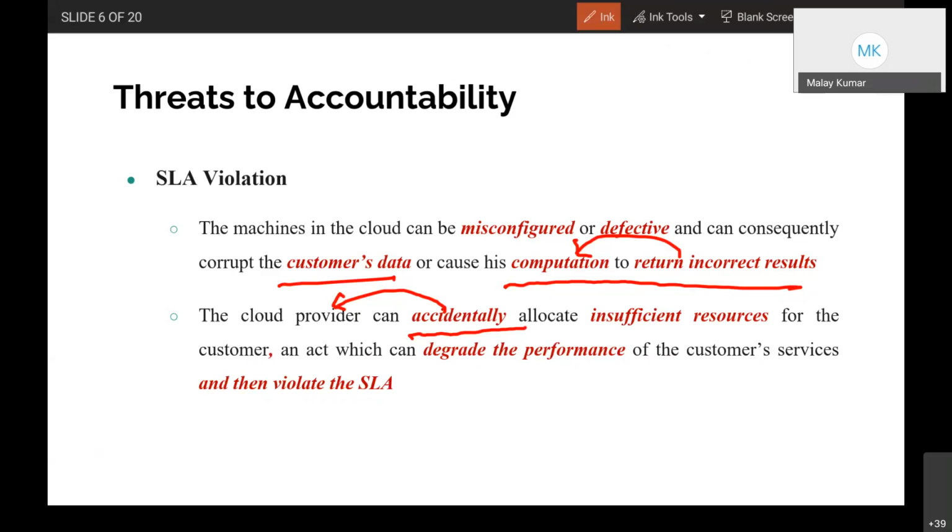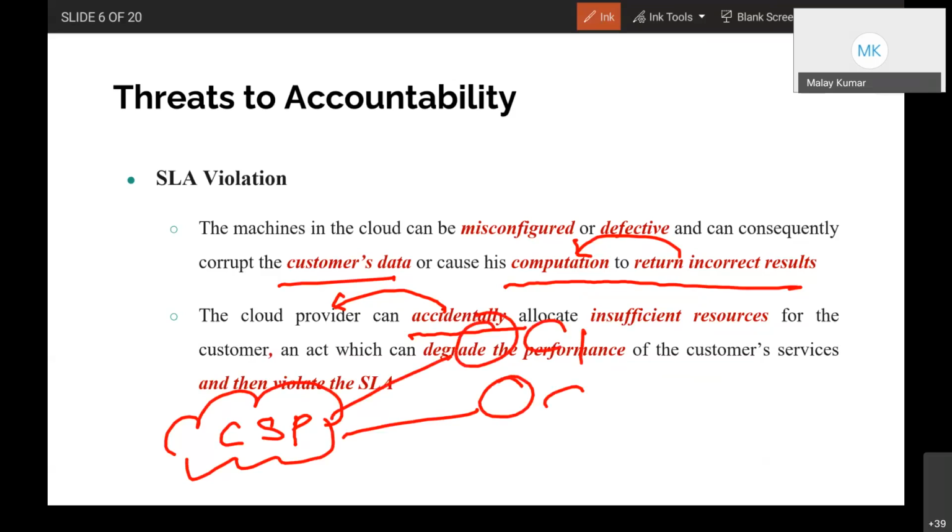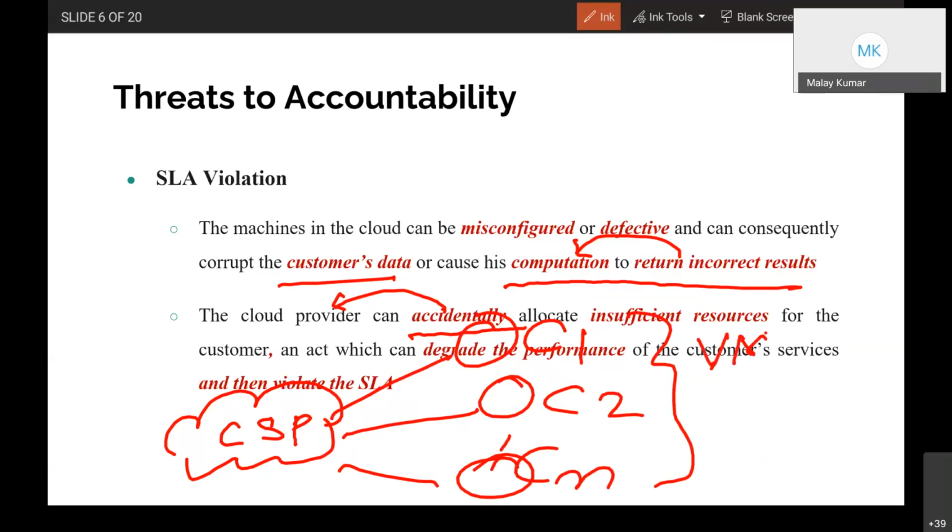So if this is the cloud service provider, there are multiple clients, C1, C2, up to CN, all of them executing on some physical machine where multiple VMs are launched.